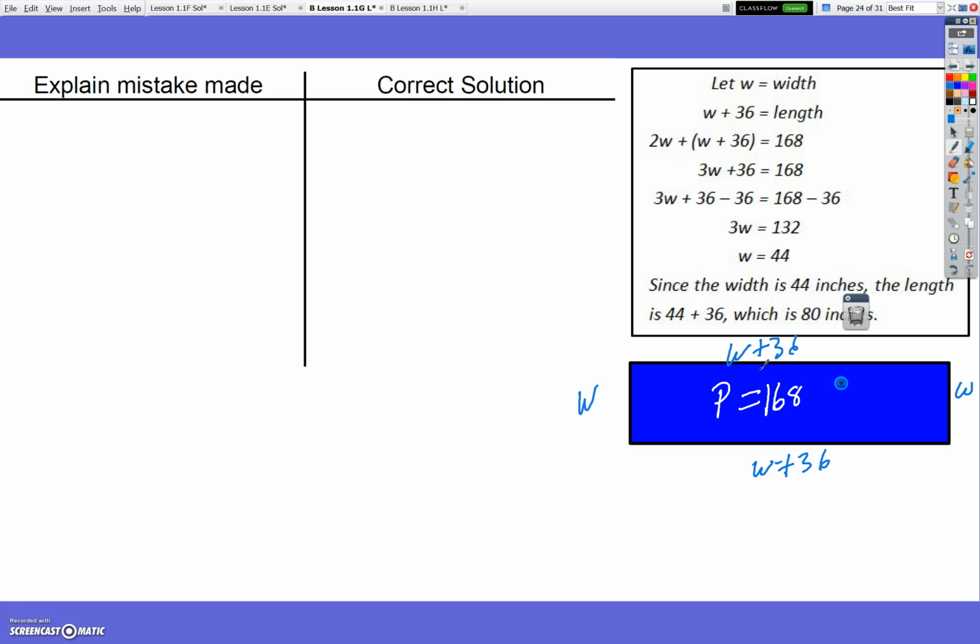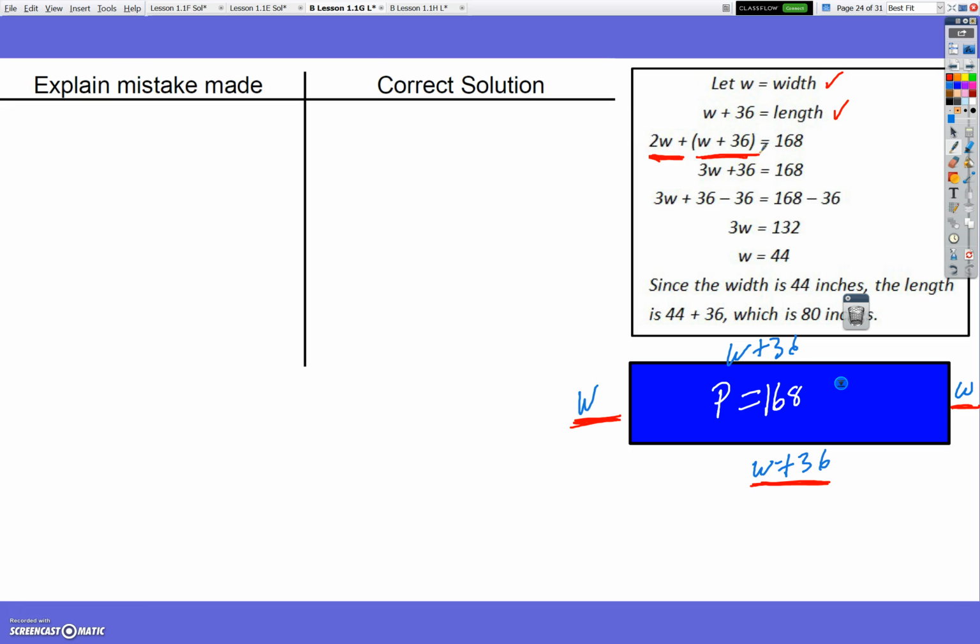Let's double check what she did up here. She had w, which was correct. W plus 36 was correct. And she said I have a w here and a w here, so she got 2w. She also said I have w plus 36, which is right here.